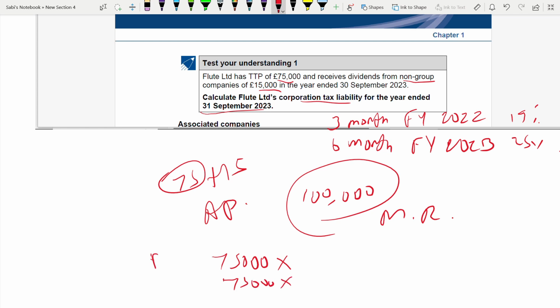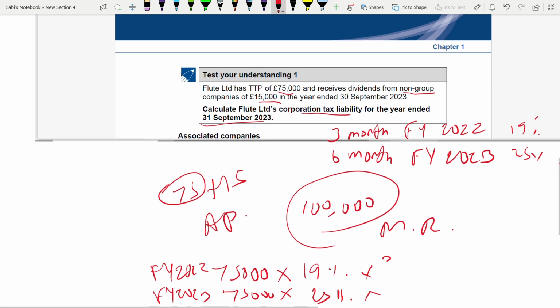This is FY 2022, this is FY 2023. Here it's 19%, here it is 25%, and wait a minute, there is one thing. See, this is what I have missed out, and this is what you might have missed out.